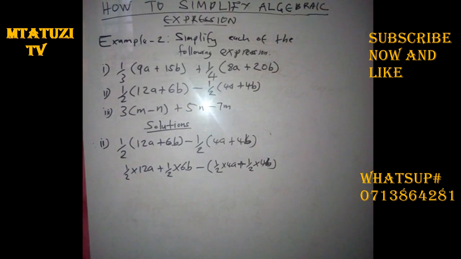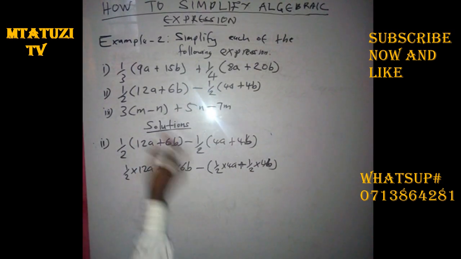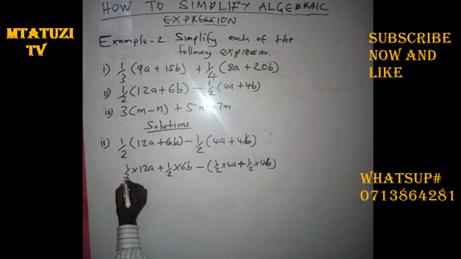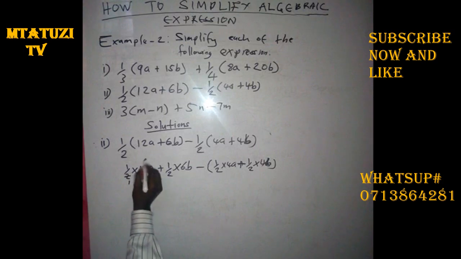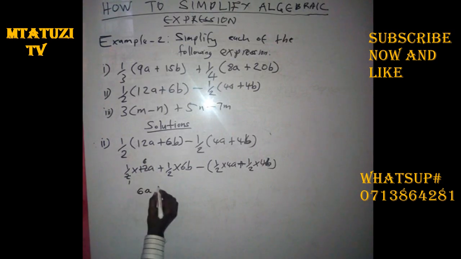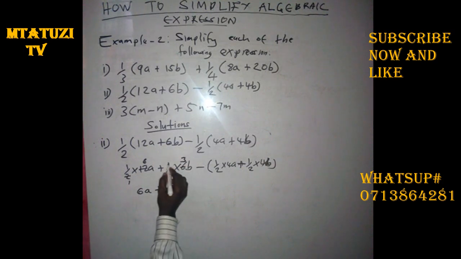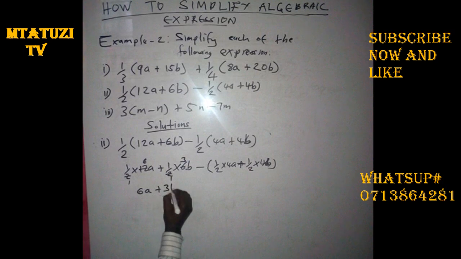Now we simplify as we did in the first question. 2 divided by 2 is 1, 12 divided by 2 is 6. 1 times 6a, you get 6a. Plus 2 divided by 2 is 1, 6 divided by 2 is 3. 1 times 3b, you get 3b.